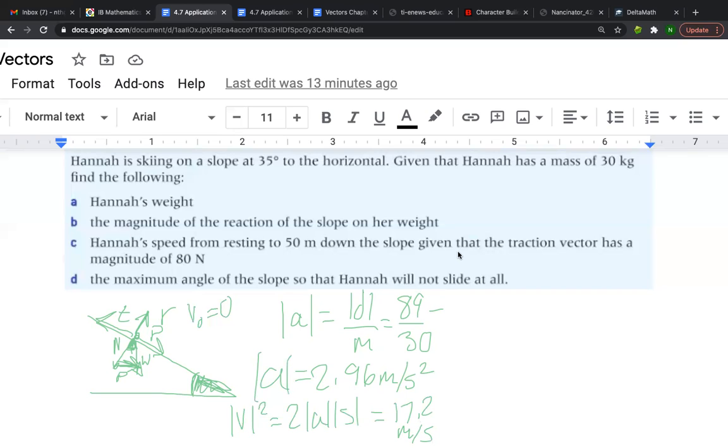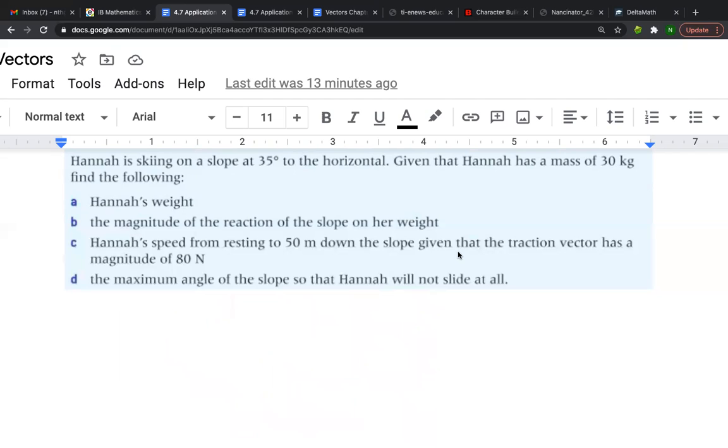Part D says the maximum angle of the slope so that Hannah will not slide at all. In order for Hannah to not slide, the force parallel to the slope has to be opposite to T. It has to be the traction, they have to balance each other out if she's not going to move. So we need the force parallel to the slope to be equal to 80, the traction.